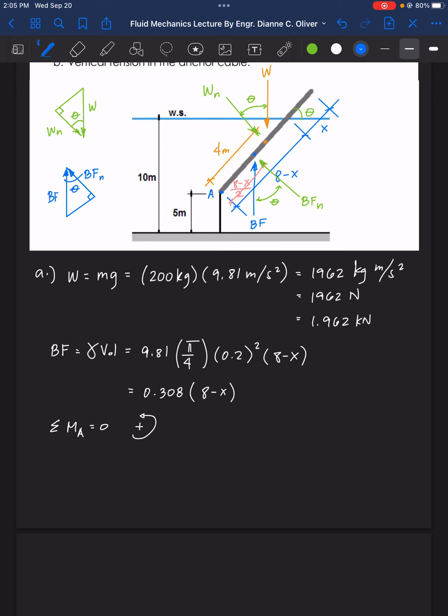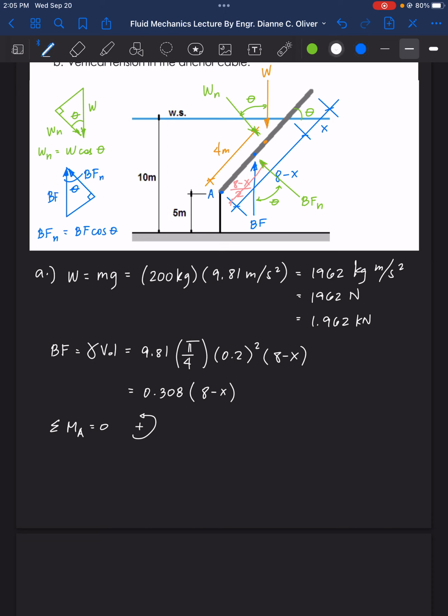Therefore, we're looking for Wn. Wn is equal to W cosine theta, whereas the buoyant force component BF N is equal to buoyant force cosine theta.